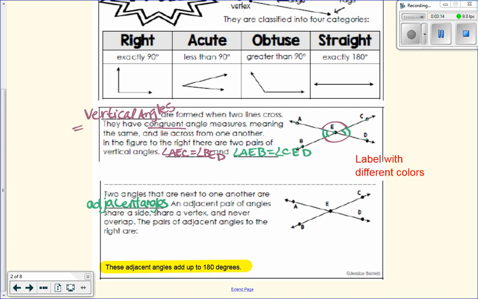This angle is adjacent to this angle and that angle. So we can label those: angle AEB, angle AEC, and angle CED.